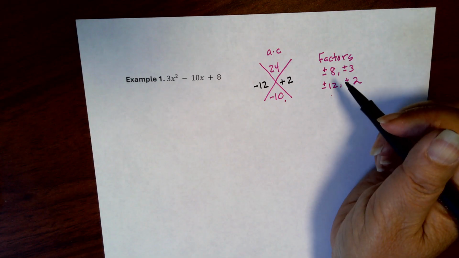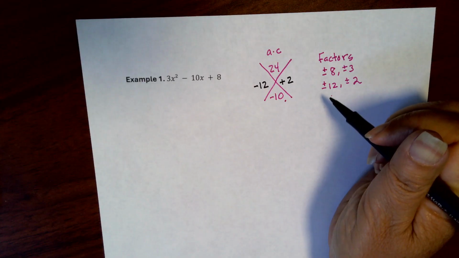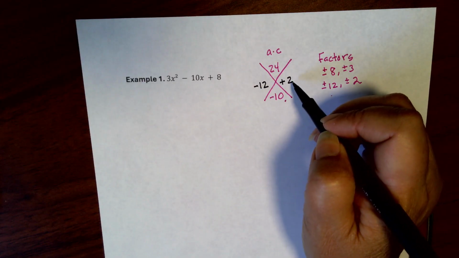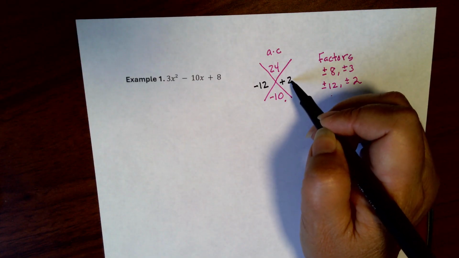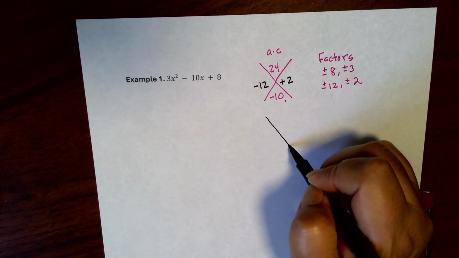Well, look at that. That doesn't work, does it? Why doesn't it work? Because a negative 12 plus 2 is negative 10, but negative 12 times negative 2 is negative 24. Okay, well, back to the drawing board.